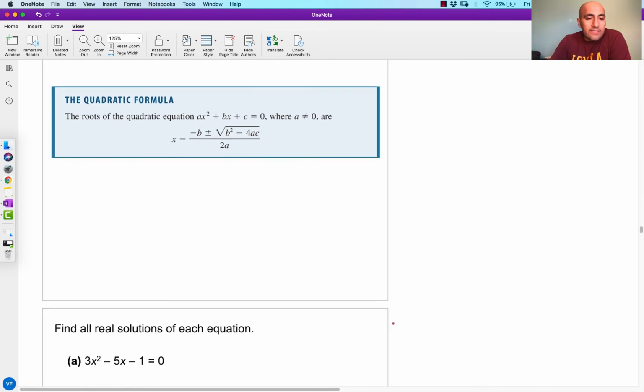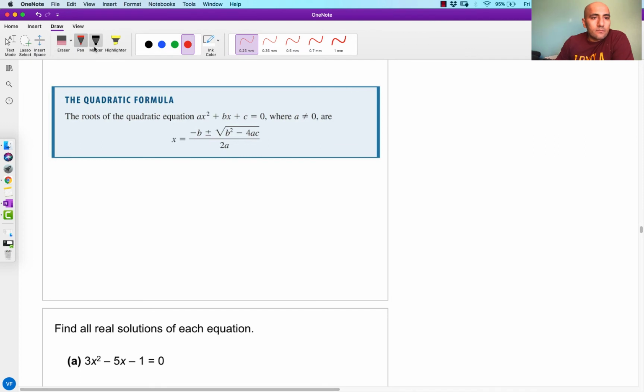Okay, so quick examples. Let's say that we're asked to solve this guy. This fits that form, right? This is of the form ax squared plus bx plus c equals 0. That's where the role of a is being played by a 3, the role of b is being played by a -5, and the role of c is being played by a -1.